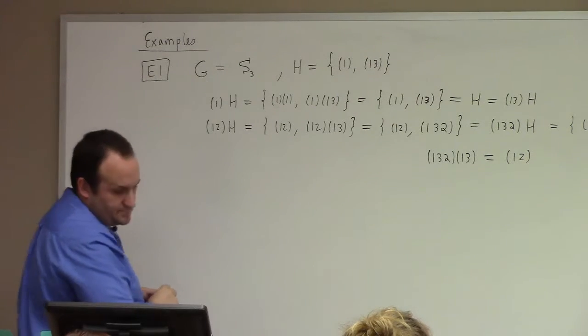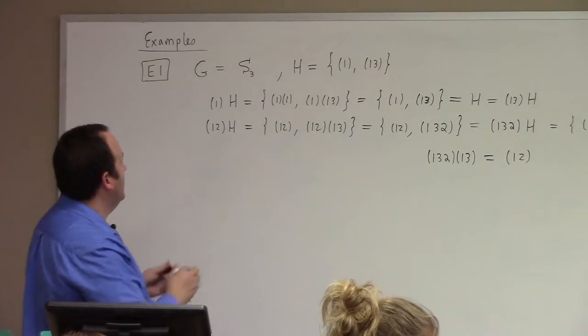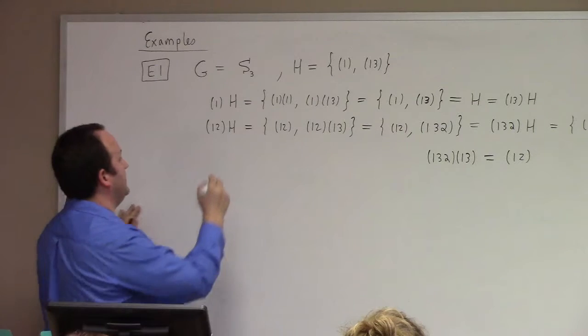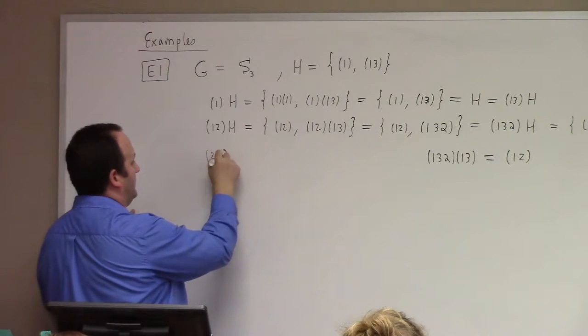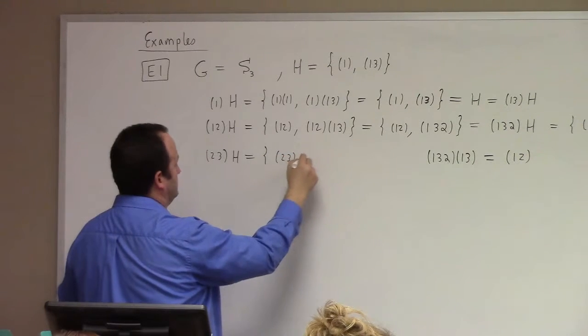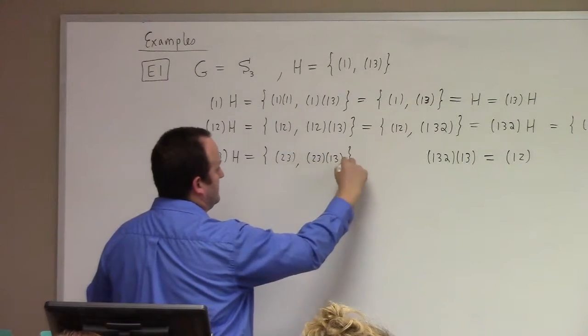Anything else we can calculate? Let's see here. How about (1 3)? Oh, we already got (1 3). (2 3)? Yeah, we can do (2 3). What's (2 3) acting on H? What's (2 3) times (1 3)?